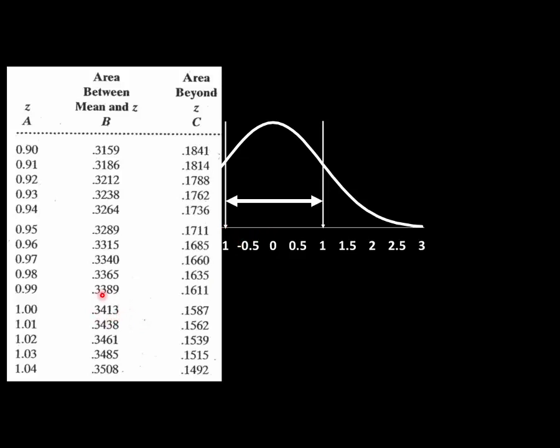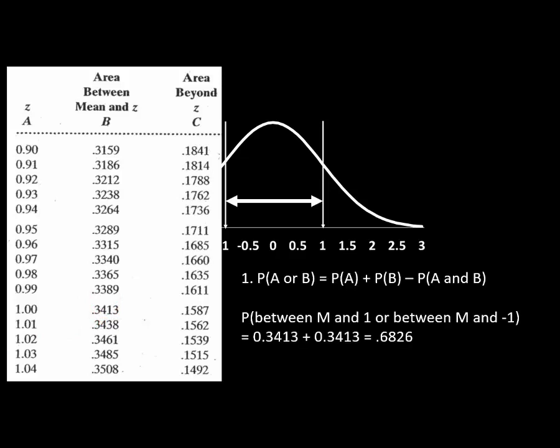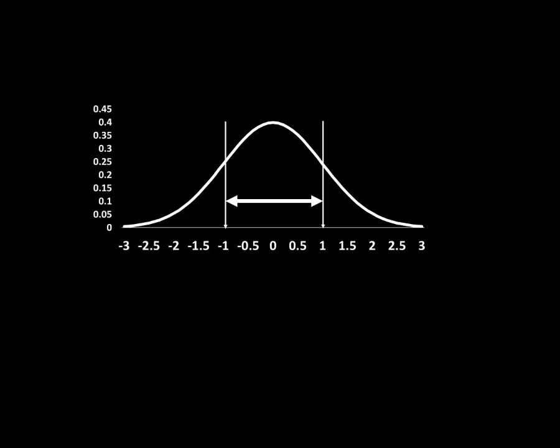So if I just take 2 of these, either multiply it by 2 or add this number twice, I will get, by the addition rule, the proportion that lies within 1 standard deviation of the mean. And you can see there that that is 0.6826.